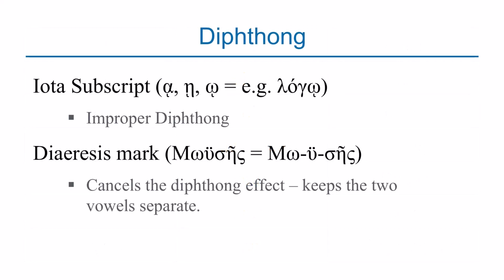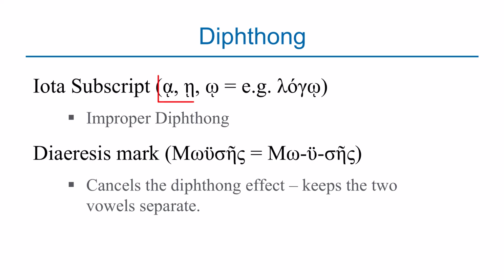As you look at diphthongs, there's something that is also called iota subscript. Now, the definition is that an iota subscript is an improper diphthong. Sometimes a vowel combines with iota subscript, which is a small iota written under a long vowel.